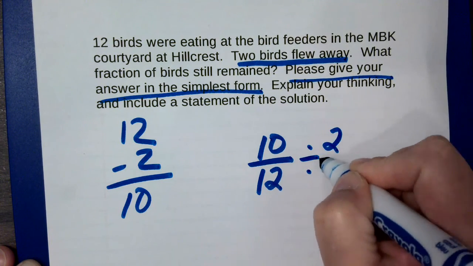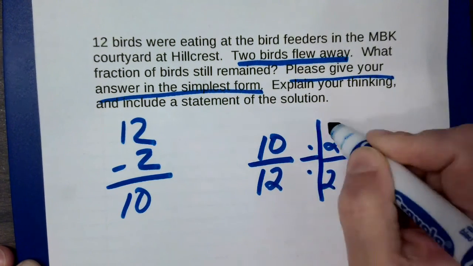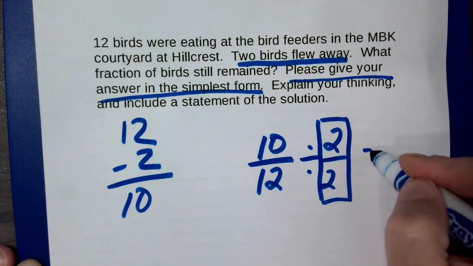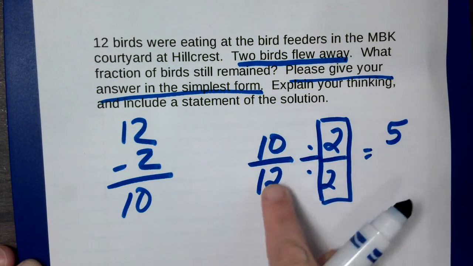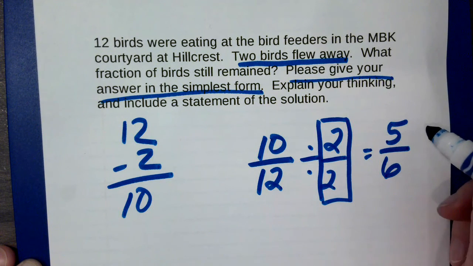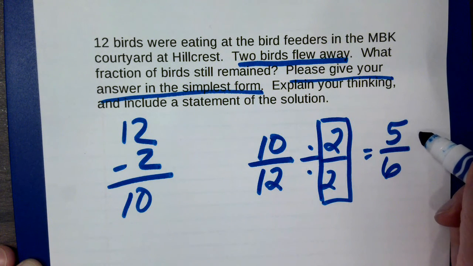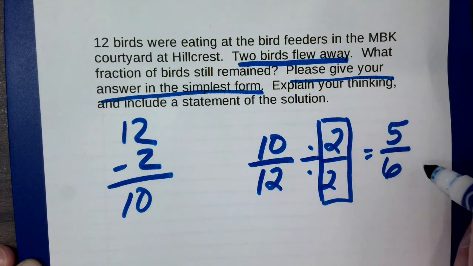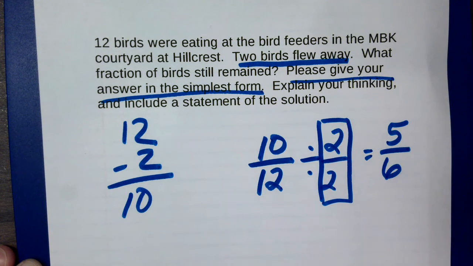I'm going to divide by 2 over 2, or divide by 1, because that's what that would end up being. 10 divided by 2 is equal to 5. 12 divided by 2 is equal to 6. Okay? Now in my answer, 5 I know is a prime number, so I know that they can't get any simpler as far as the numerator, and 6 can only be divided by 1, 2, and 3, so I'm good to go here. So I'm going to go ahead and give my statement of solution.